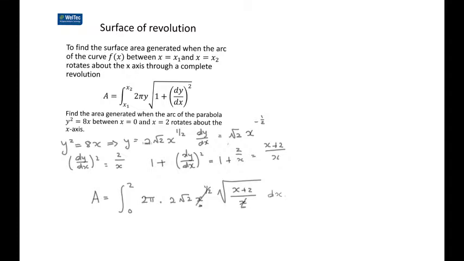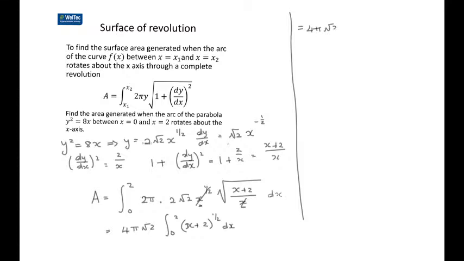We can put the numbers outside, so then we've got 4 pi root 2 times the integral between 0 and 2 of x plus 2 to the power of a half, and that's reasonably straightforward.